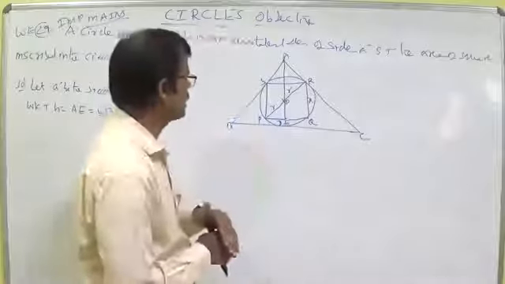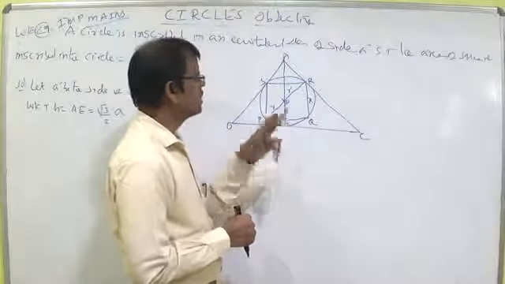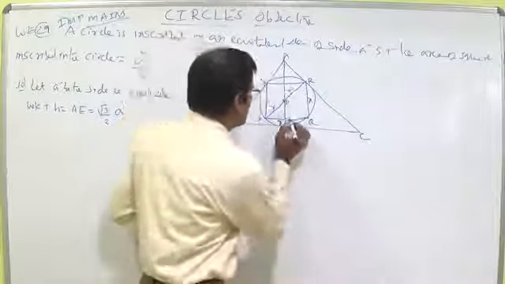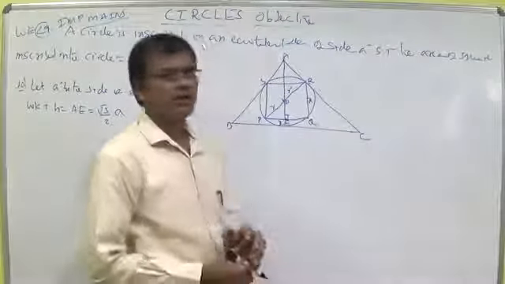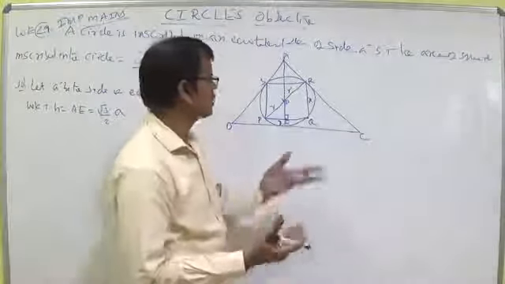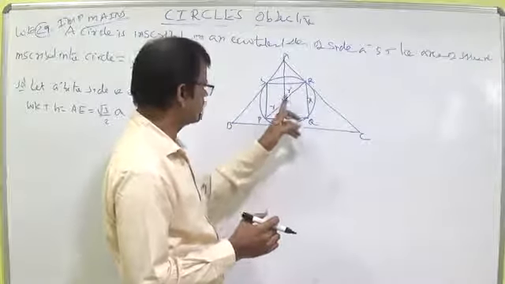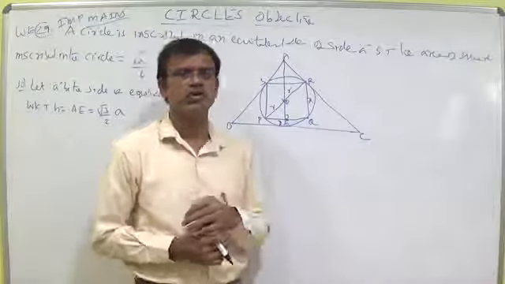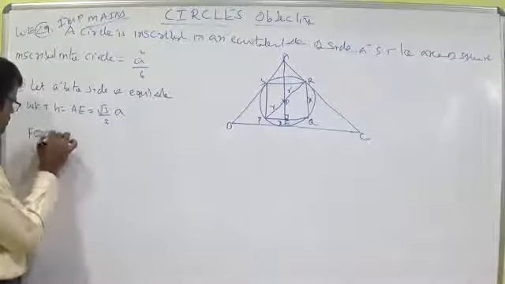So we can say that AE is the median as well as the altitude. Here AD is the altitude of the triangle. Here D is the centroid. The centroid divides every median in the ratio 2:1. Here I am writing for the equilateral triangle.